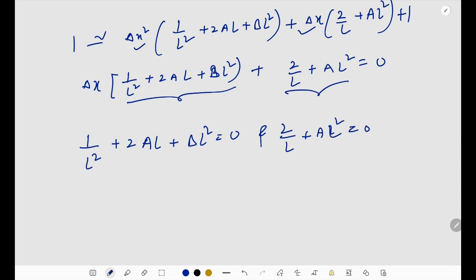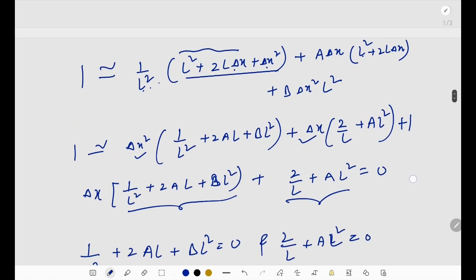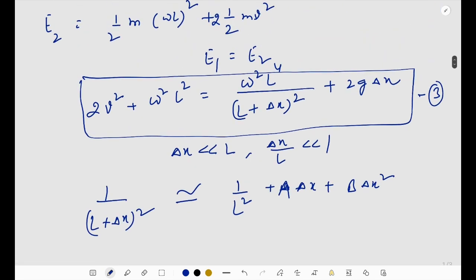And you can get here the values of A and B from here: A is equal to minus 2 by L cube, and B is equal to 3 by L raised to 4. And put these values in this equation. 1 upon L plus delta x square is simply written as 1 by L square plus A delta x plus B delta x square.